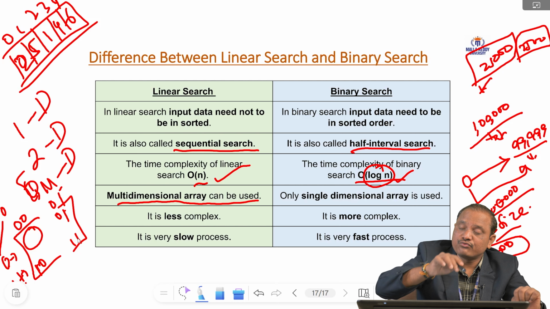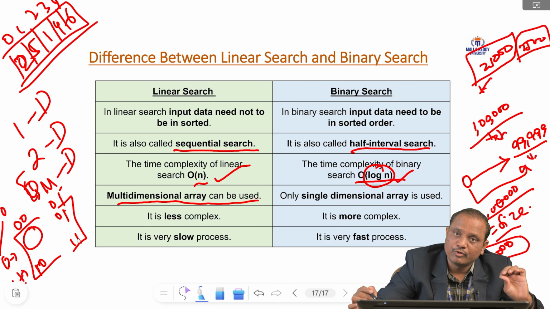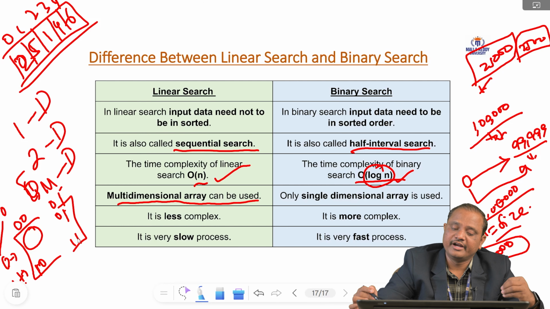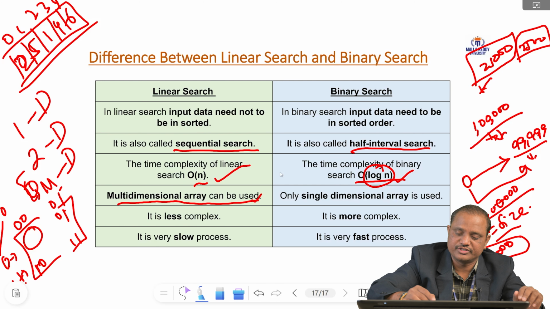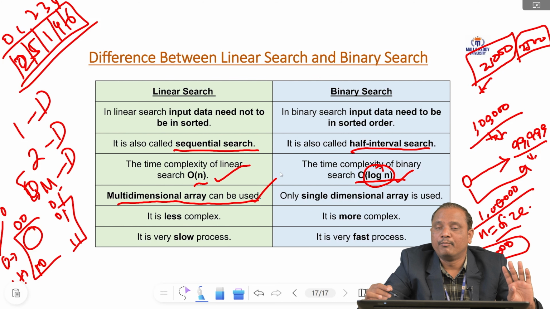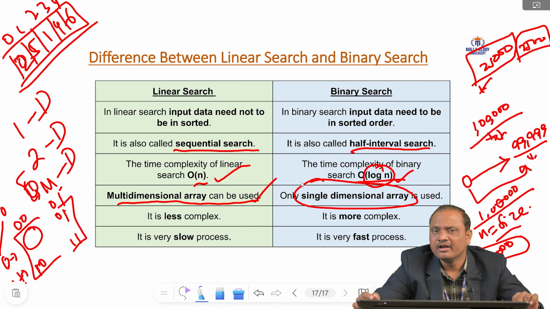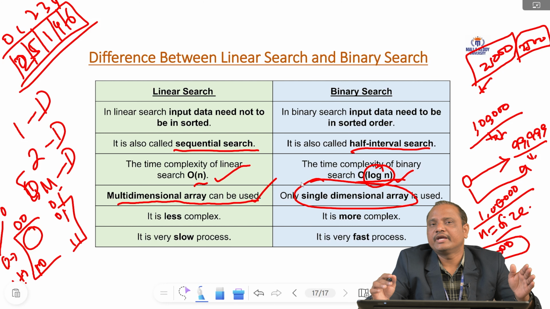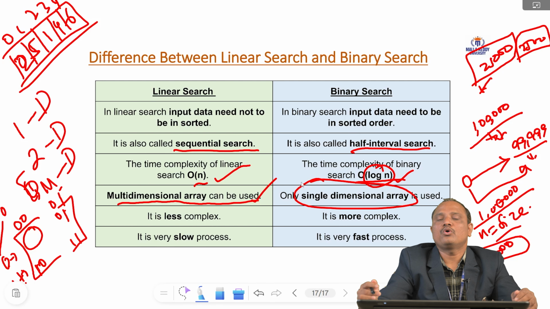So if we are performing a linear search operation, there is no need to bother about the dimensions of the array. Any array you can take, multi-dimensional or single-dimensional. But coming to binary search, we can use only a single-dimensional array. Why? If you observe clearly, in binary search the entire array is divided into 2 halves.